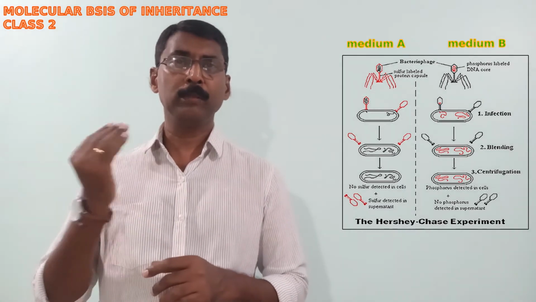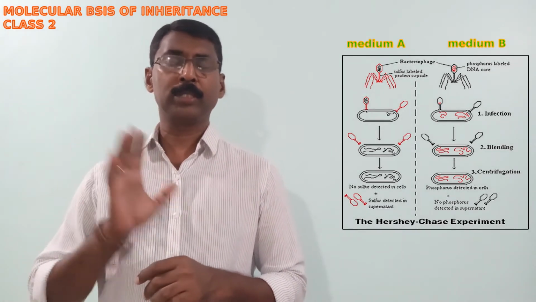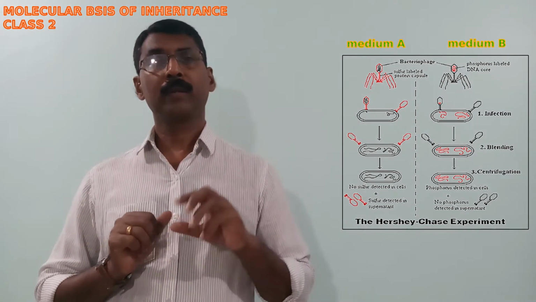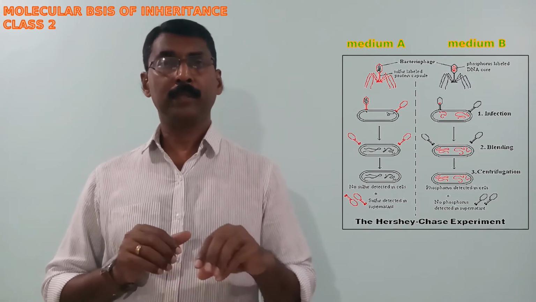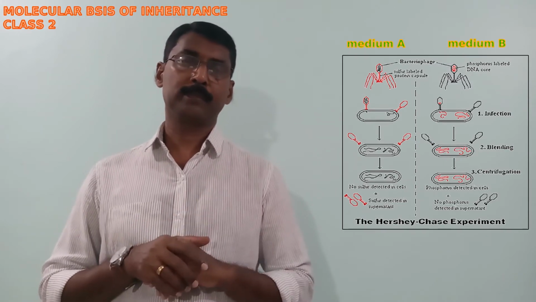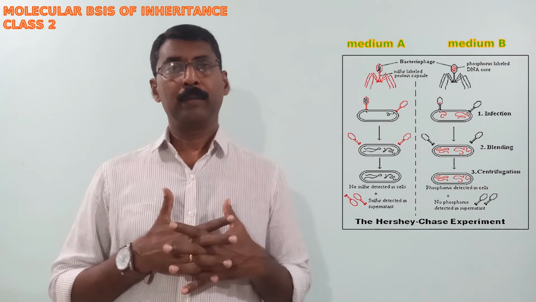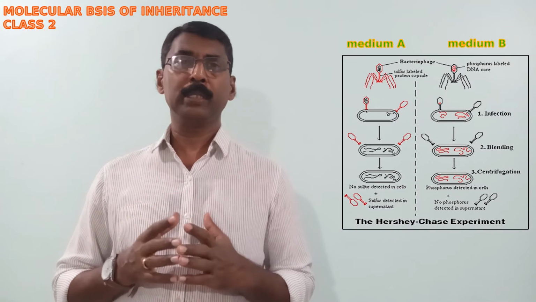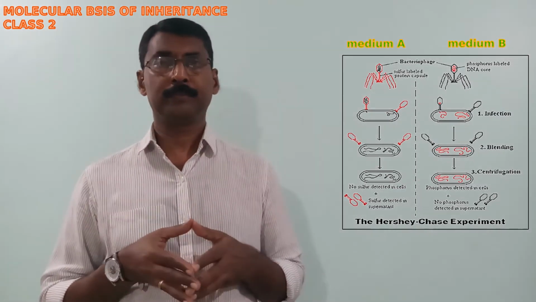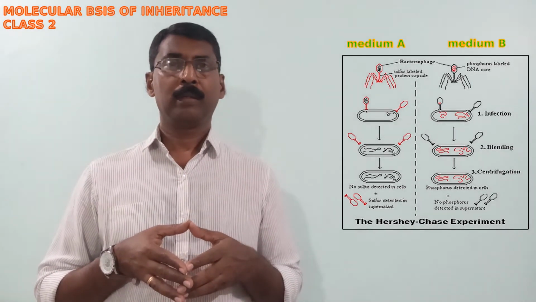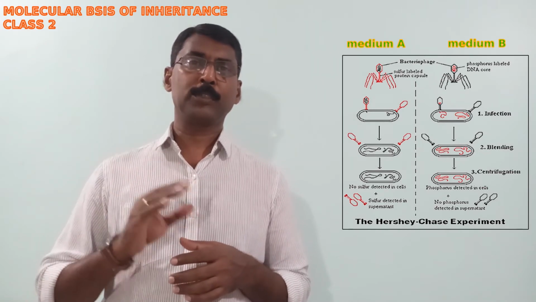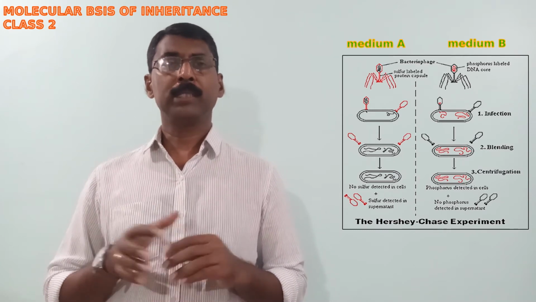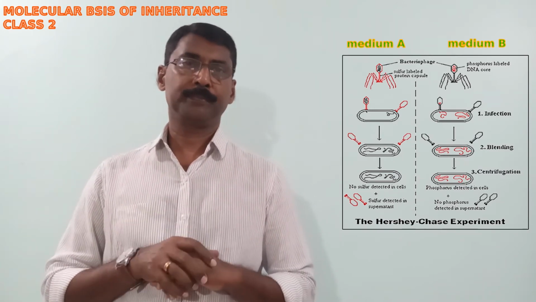They left behind the protein coat outside, and only the genetic material was introduced into the host cell. You know, what would be there in the culture media now? The protein coat of the virus would be left outside the bacteria, and the genetic material is inside the bacteria.